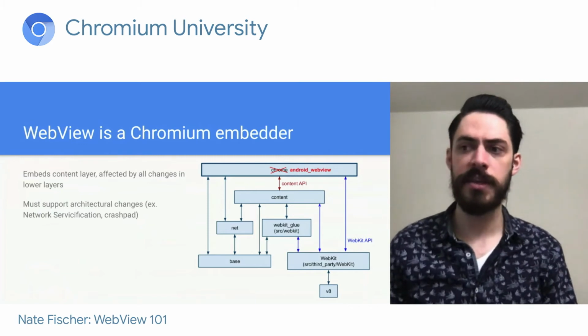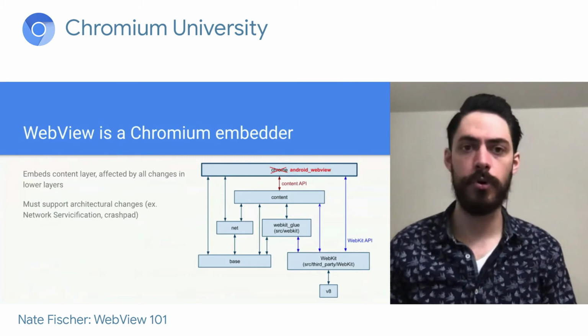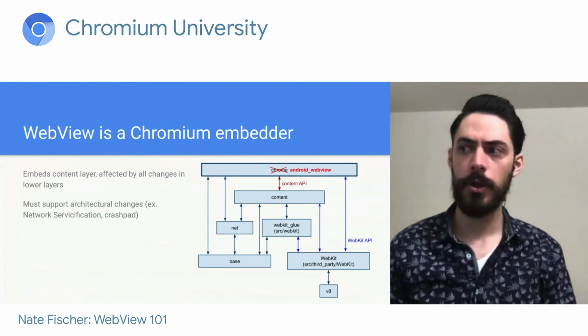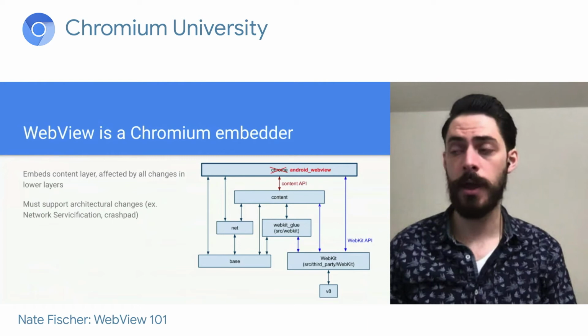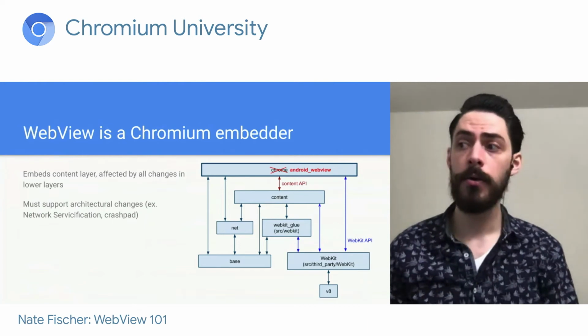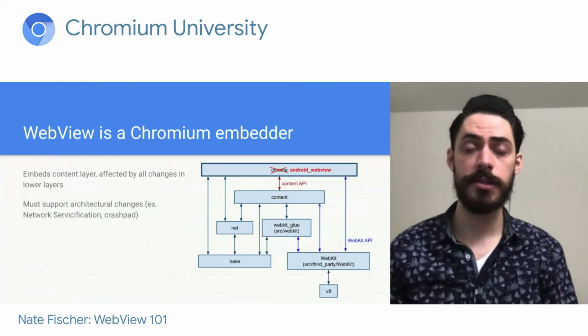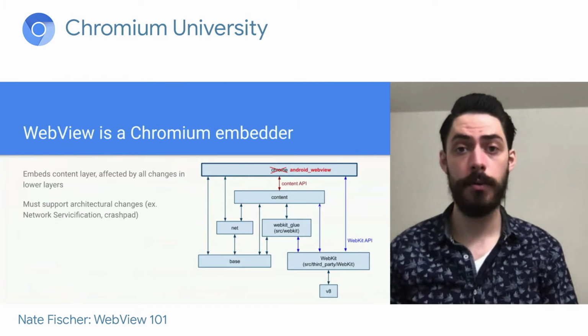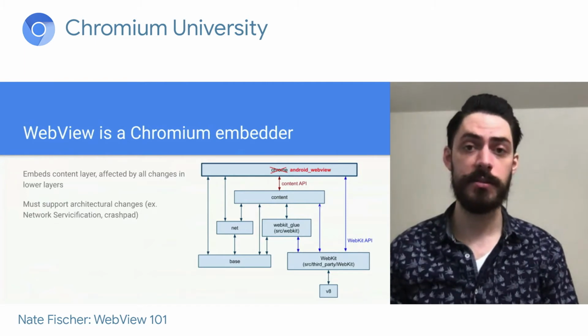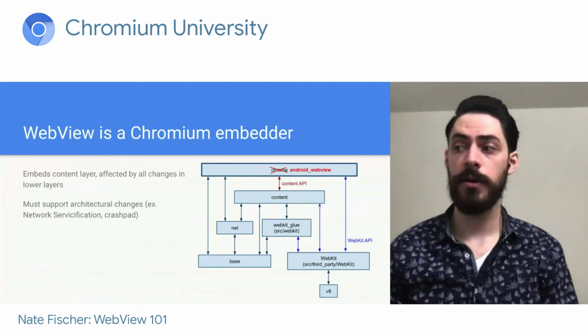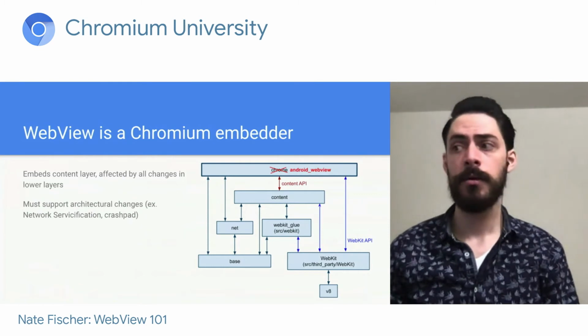This is the layer cake of Chromium. We have Chrome browser, or the Chrome folder, if you will, as the top layer. Right beneath that is the content layer. We have things like the network layer, we have the base layer, we have Blink, V8, things like this.